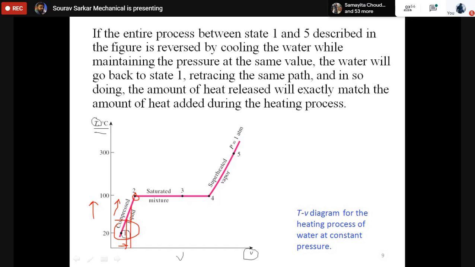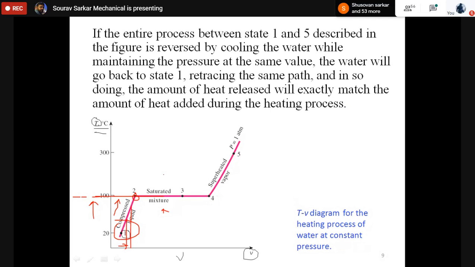After that, if you continue to heat it, what will happen? The temperature will remain constant. Why? Because it is the boiling point of water at 100 degrees Celsius. This is only the latent heat, and at that time we do not have any specific heat, so the temperature will remain constant.